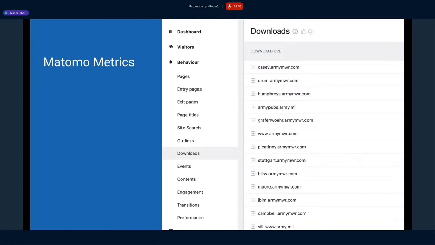It tracks videos automatically. Those are great metrics. So Matomo will automatically recognize a download as a click, and as long as it finishes with some common file extensions like PDFs, Excel, Word documents, templates, things like that, it's automatically going to track those for you.